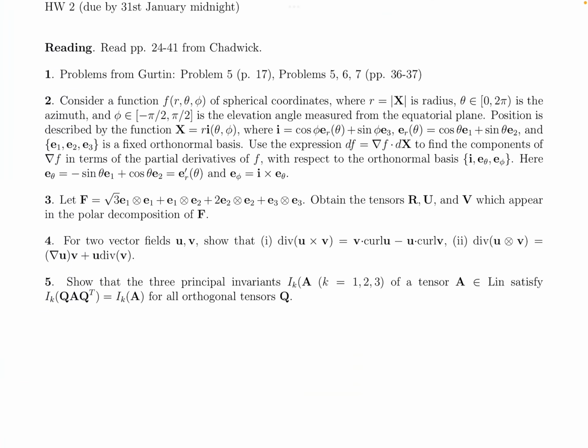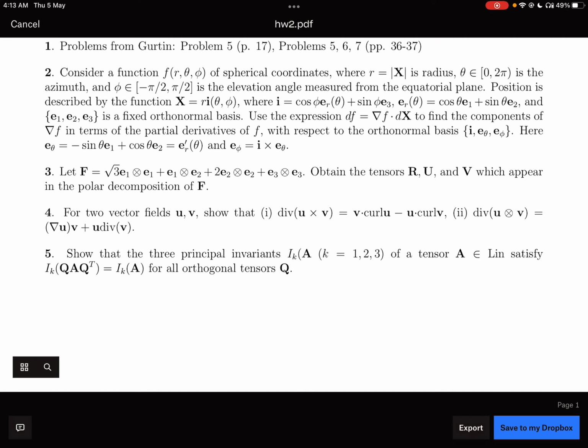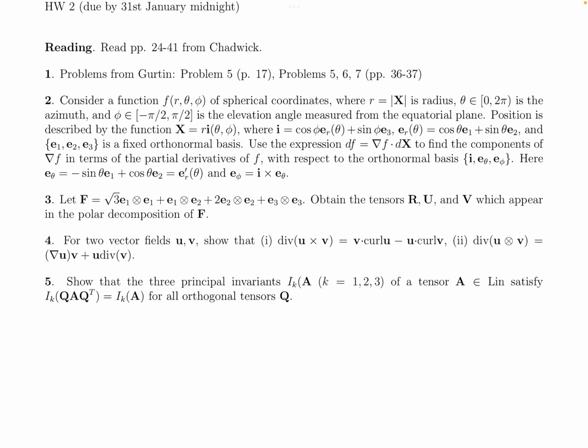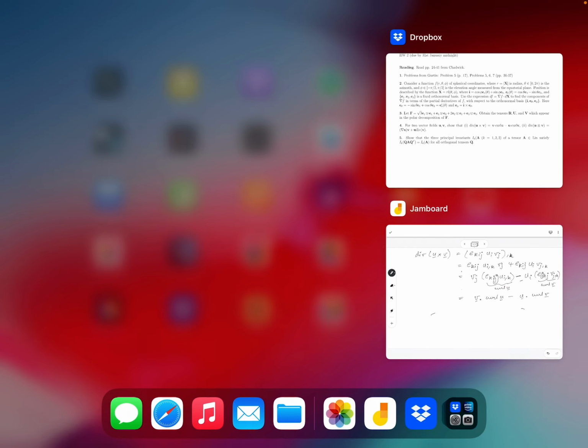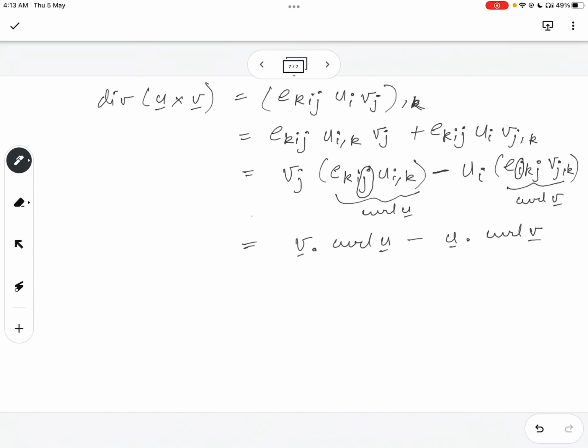The second part of this question is divergence of U dyadic V, that is, divergence of a dyadic product, is nothing other than gradient of U acting on V plus U into divergence of V. So let us look at this also.